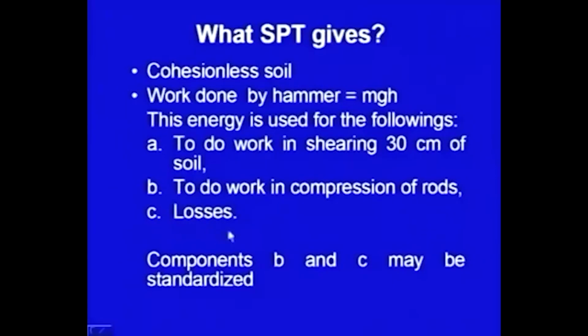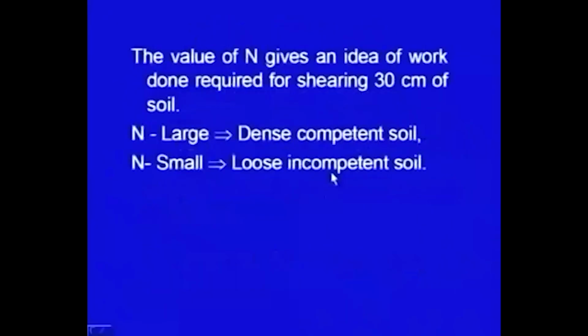And third, there will be some losses because of friction or impact. Now, these components may be standardized based on experience and the material used, and then finally, one can have a relation between this energy and the energy required to cause shearing of 30 centimeter of the soil.